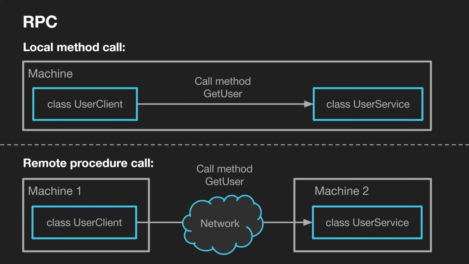And when we are talking about an RPC, then typically the programming model of this is very similar to doing a local method call. So the developer who is doing this might not even notice in the application code that the other object is living on a different machine, and that the call is going through the network.